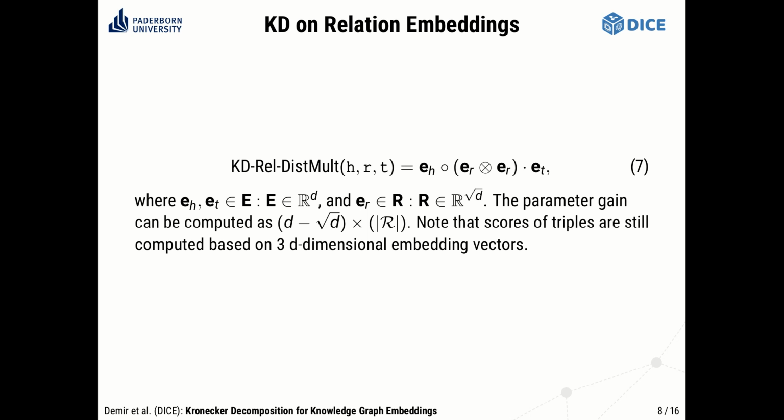So although we store fewer parameters in the relation embedding matrix, we don't need to store the d columns, but we can store less. We don't need to allocate that amount of memory for the relation embeddings.